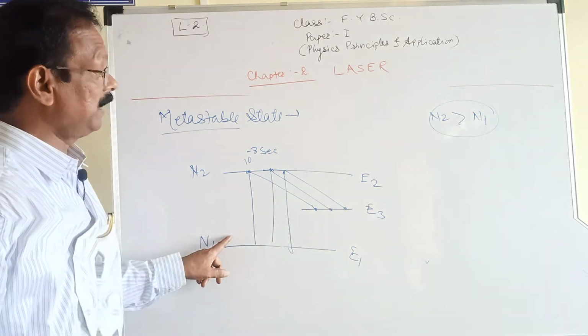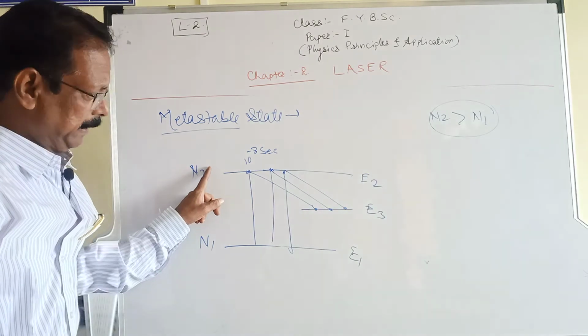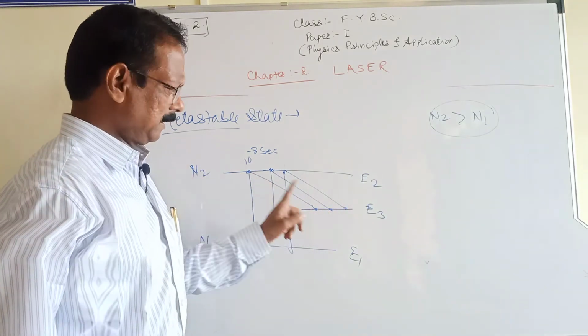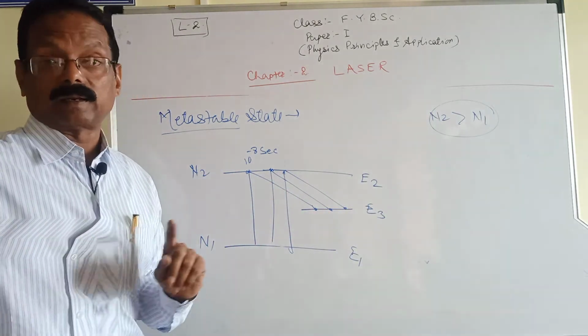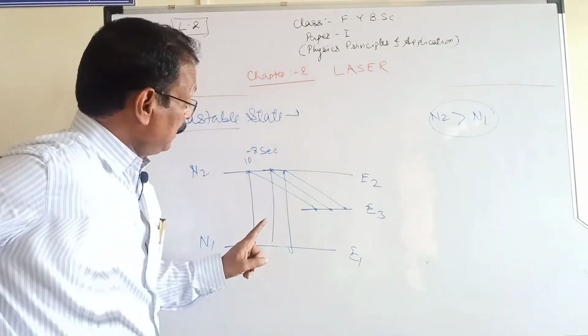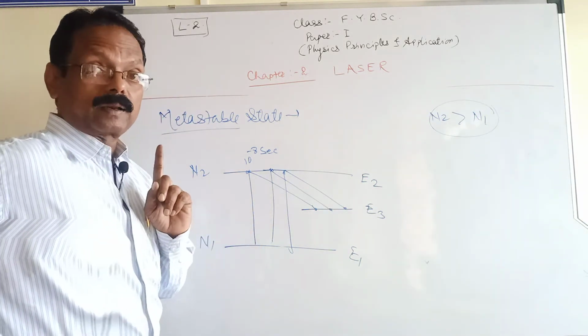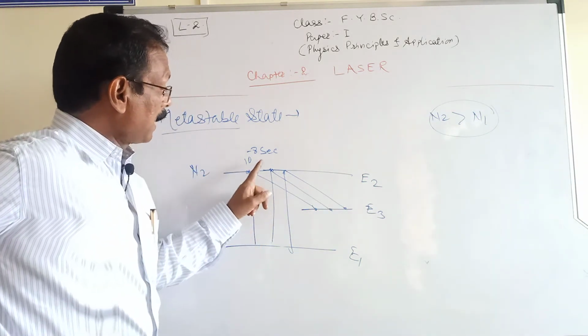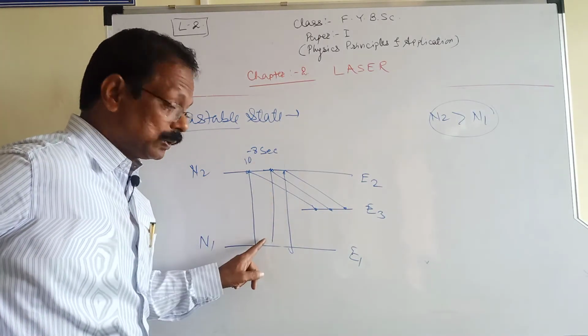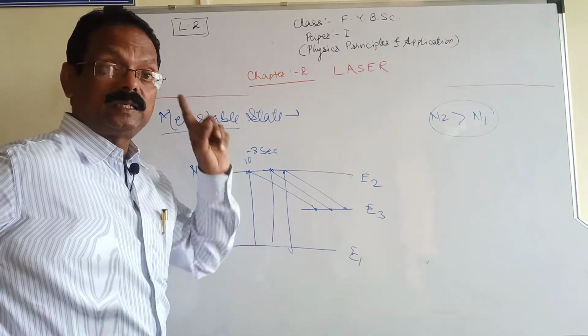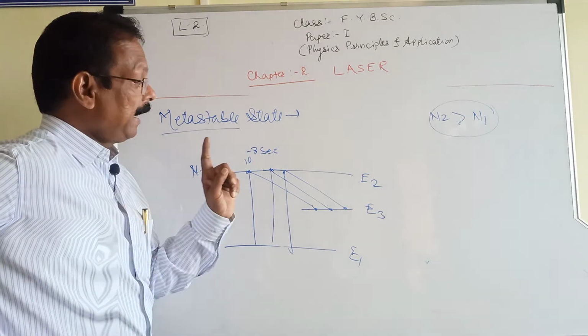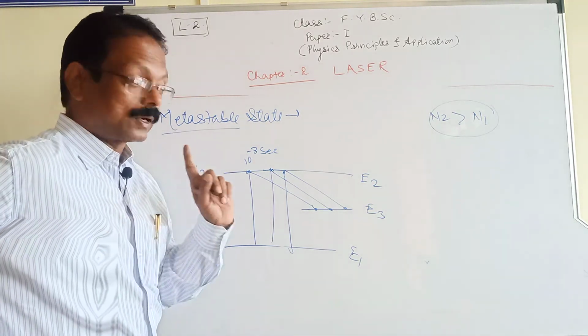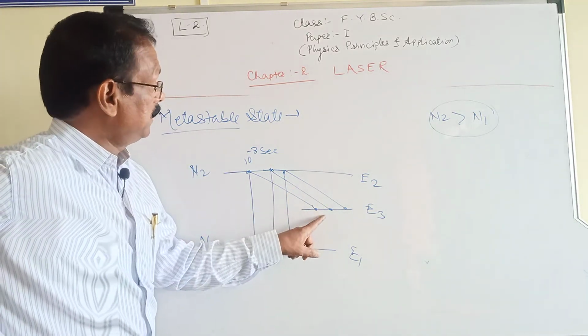So here is the ground state, the higher energy level or excited state, and the metastable state. The atom goes to the higher energy level. After 10 to the minus 8 seconds they would return to the ground state, but they are restricted, and one stage is created.